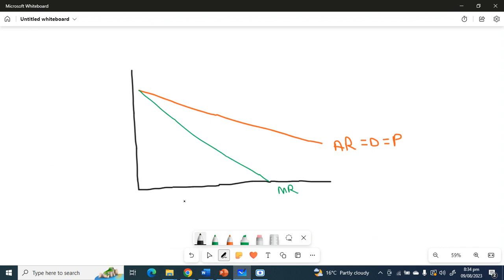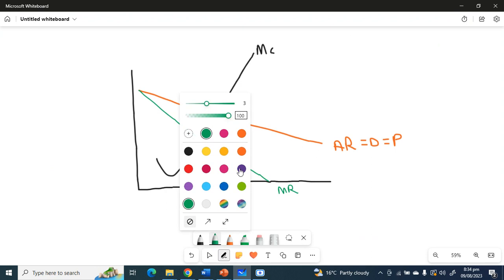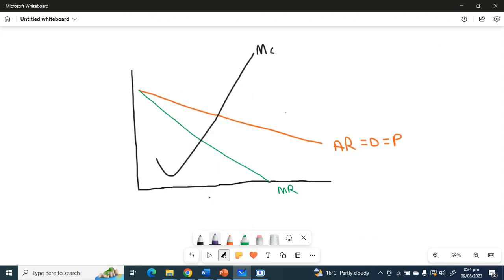All right. Then the next thing you put in is the marginal cost curve. And then finally, we put in our average total cost curve. And we just draw it properly.